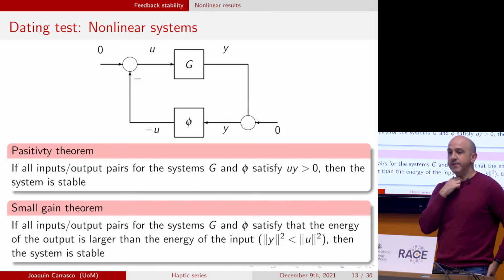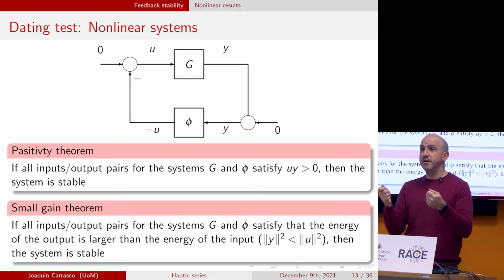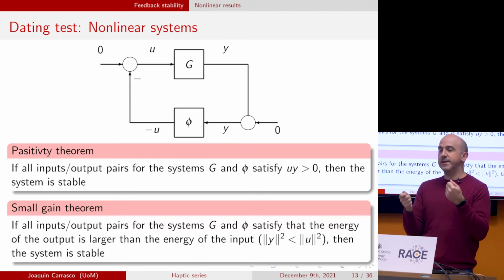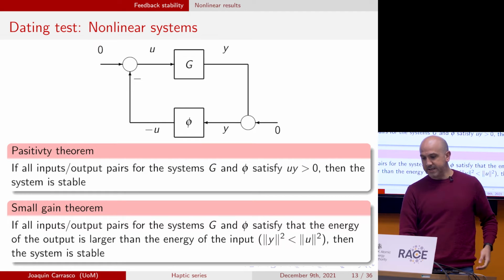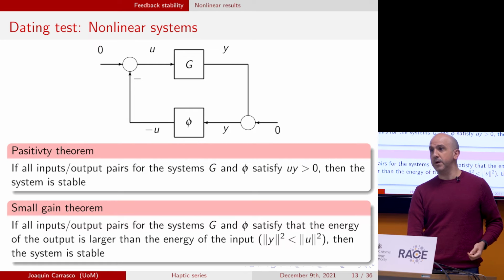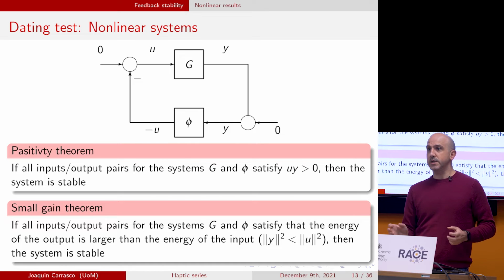When we are thinking in the passivity theorem, we say, okay, I have systems that behave in such a way that the product of the input with the output is positive. Let's assume that G has this property: the product of the input with the output is positive.